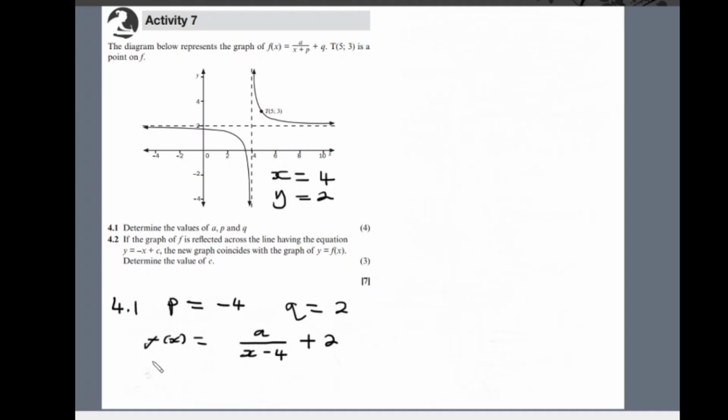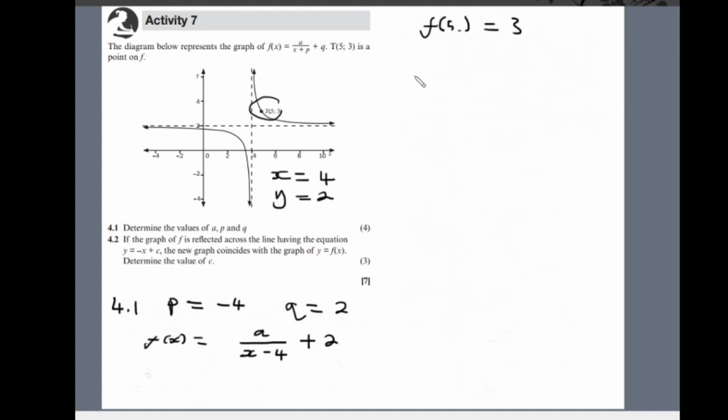And now I have my equation like this. I can use this point to calculate the value of A. If I substitute 5 in my equation, I know I should get 3. When x is 5, y has to be 3.